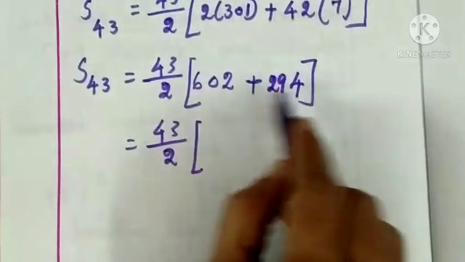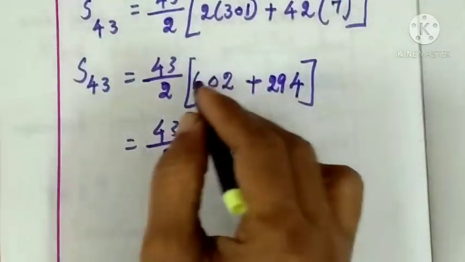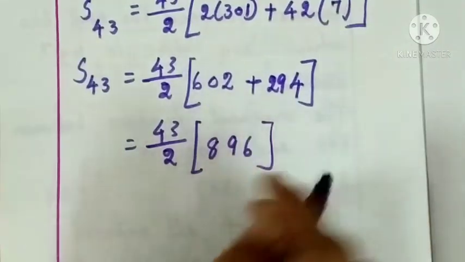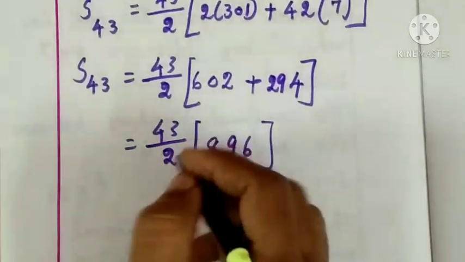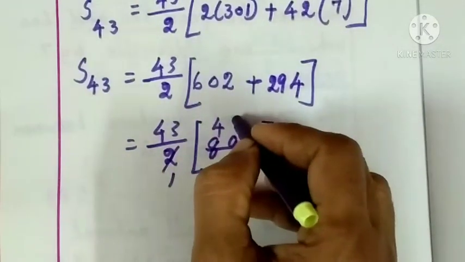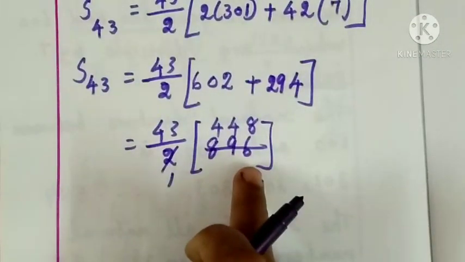Now add these two numbers, we get 896. Now cancelling by 2 table, 2 ones are 2, 2 fours are 8, 2 fours are 8, 2 eights are 16.